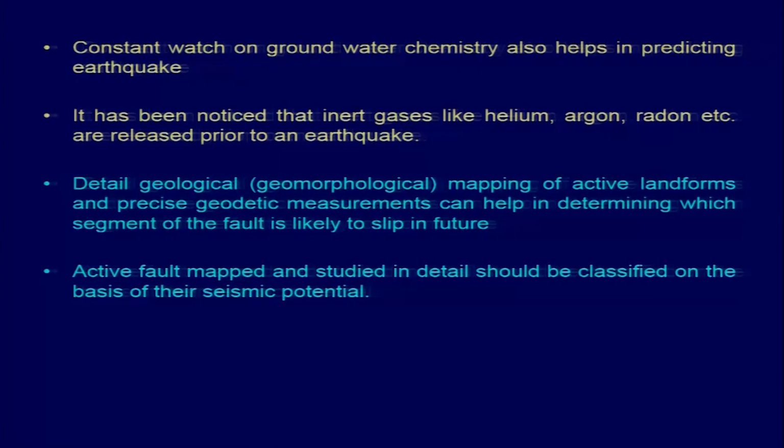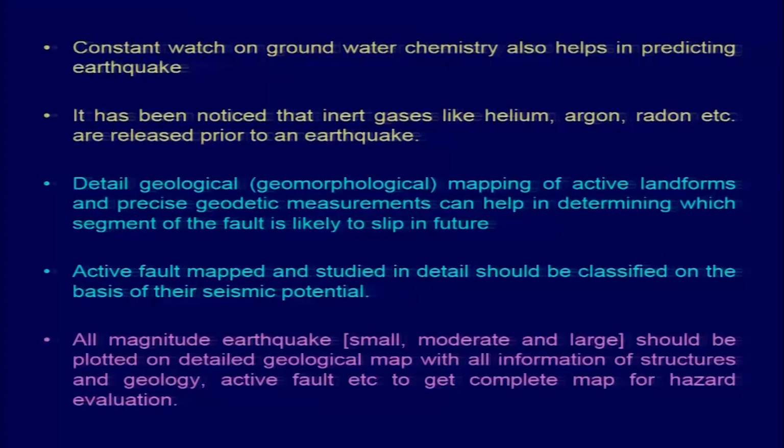Active fault maps studied in detail should be classified on the basis of their seismic potential. All magnitude earthquakes, small, moderate and large, should be plotted on a detailed geological map with all information of structure and geology as well as active faults, to get a complete map for hazard evaluation.